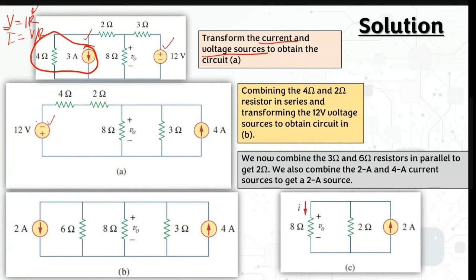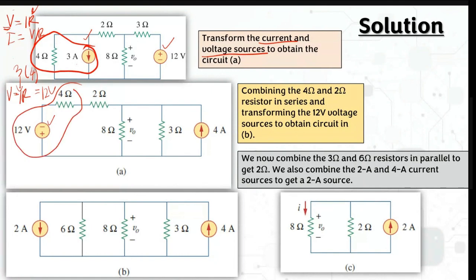So V equals IR, where I is 3 and R is 4. So your voltage source here is going to be 12 volts, in series with this resistor.